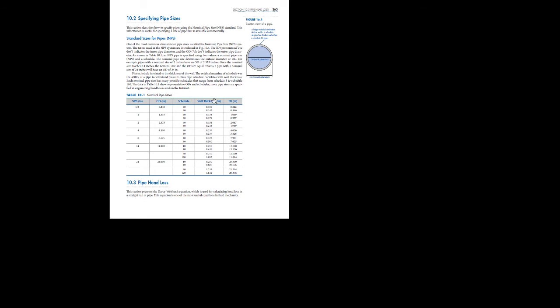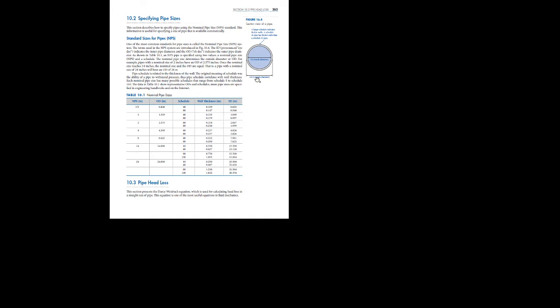The schedule number is related to how much stress the pipeline can take, mainly thickness. Just imagine, if the pipeline is thicker, the pipeline can withstand more stress. And if the pipeline is thinner, it can withstand less stress. So that is the schedule number.